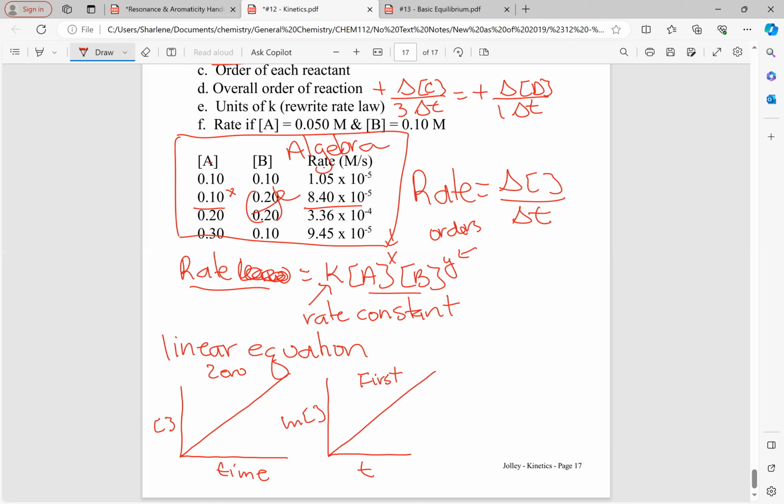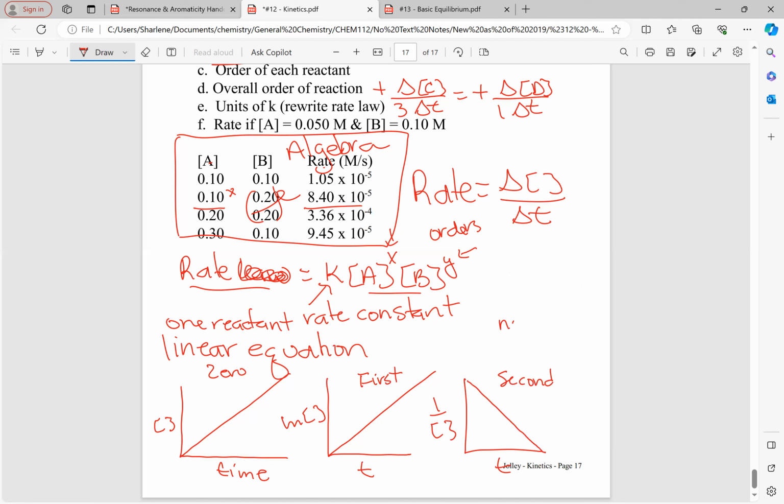Now, I do have to be careful when I'm doing the linear equations. It's always just one reactant. It gets too complicated to show you more. So this is just one reactant. So it's zero order or first order. Hey, math, if you do 1 over the concentration versus time, and remember this is a positive slope, hey, I'm second order.